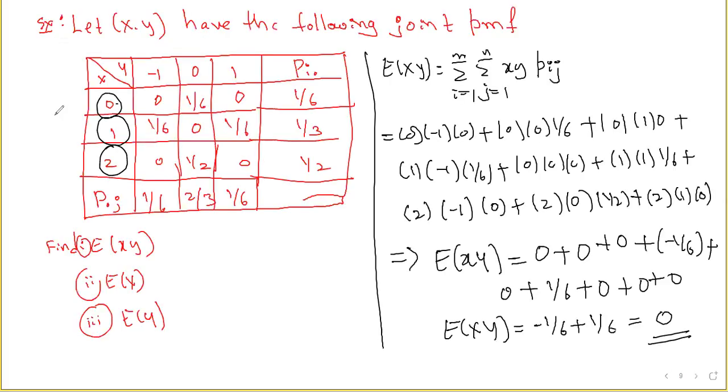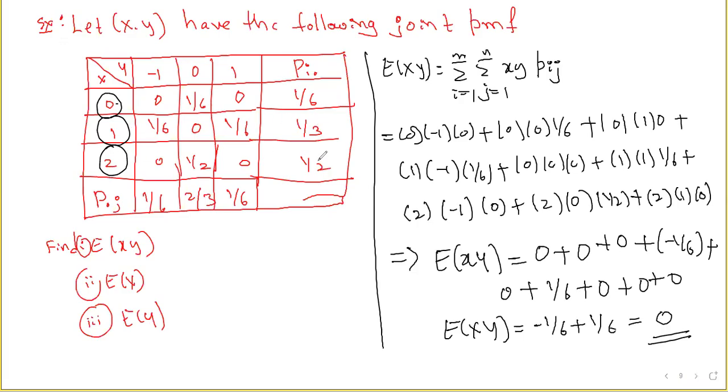Now we need to find out expected value of x. So formula is very simple. Expected value of x is summation i running from 1 to m xi pi dot, right? So this is nothing but by that table, right? So x equal to 0 and its probability is 1 by 6. Whenever x is 1, its probability is 1 by 3.